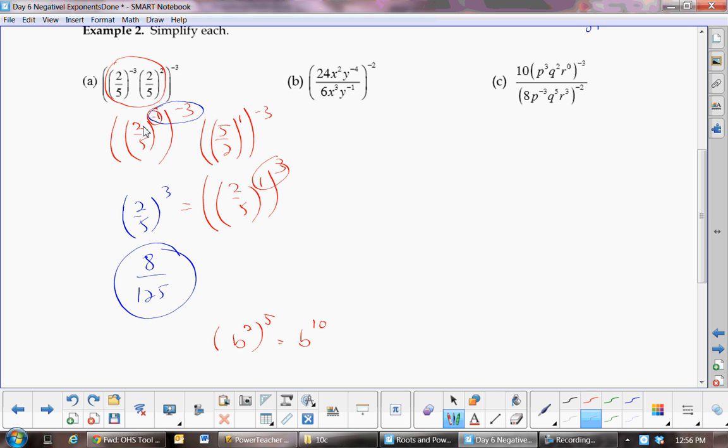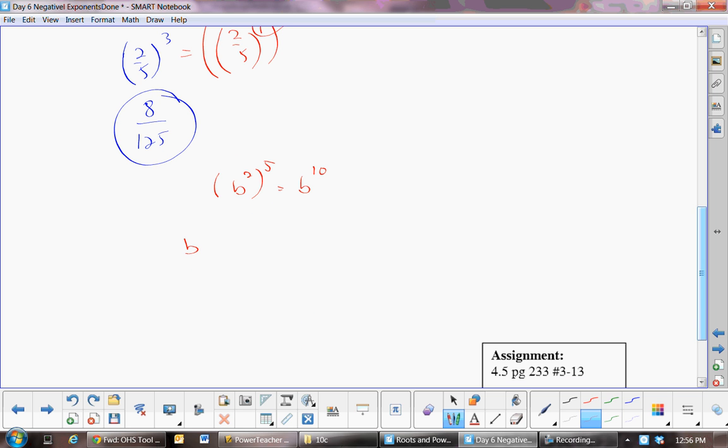How do you know to multiply? You take 1 times negative. Always multiply your power to powers. No, you add when, see if it was b to the 2 times b to the 5, that's b to the 7. But if you have b to the 2 to the 5, that's 10.